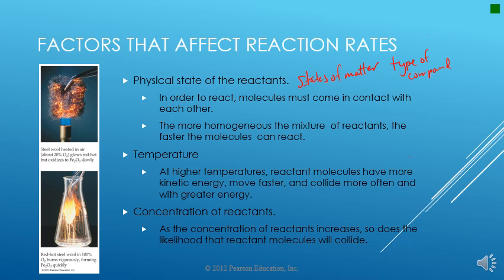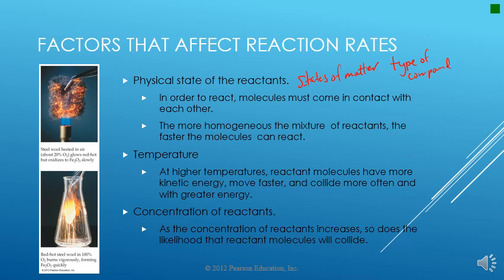So solids are least reactive, gases are the most reactive, and ionic compounds are more reactive than covalent compounds. Okay? The more homogeneous a mixture is, the faster the molecules can react.